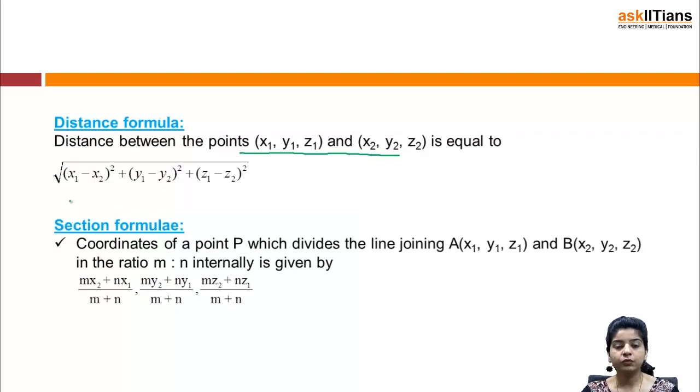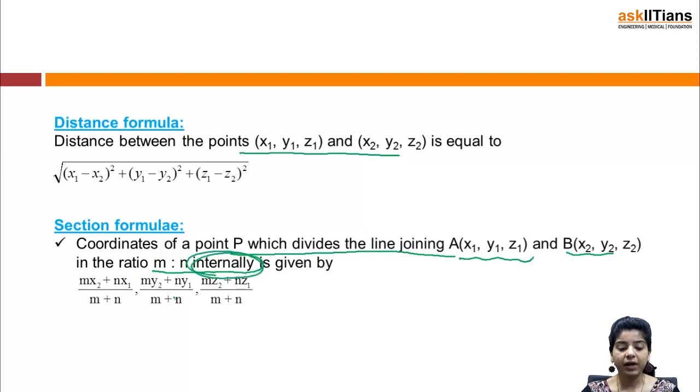Then we have the section formula. Again, section formula also we have already discussed. The coordinates of a point P which divides the line joining A x1 y1 z1 and B x2 y2 z2, now we will be having 3 coordinates for A and similarly for B also, in the ratio m is to n internally. This is important.